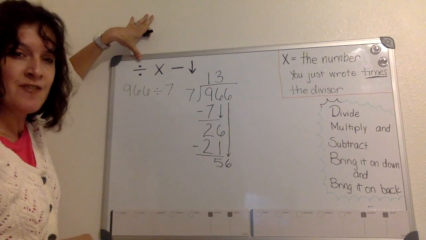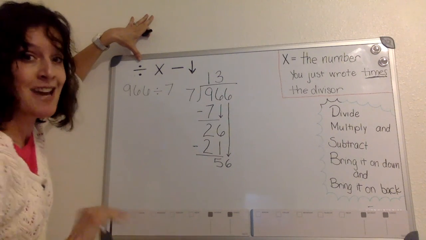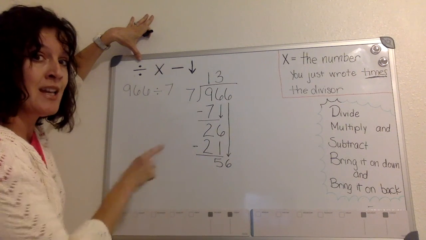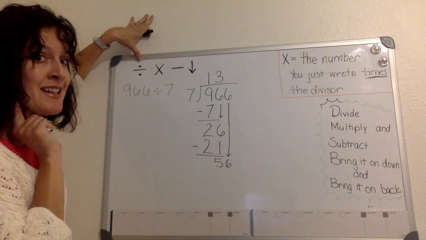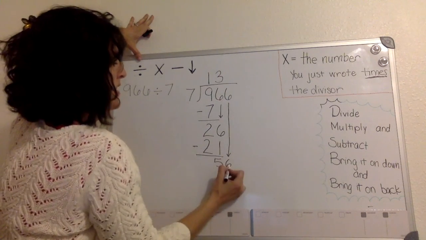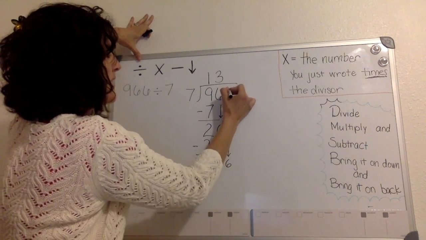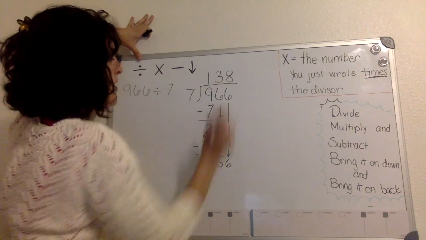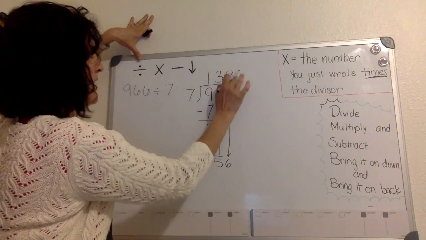How many 7s fit into 56? This time we won't have a remainder. 7 times what is 56? Think. 8. 7 times 8 is 56. Since we're dealing with the second 6, we're going to put my 8 right up there. 56 divided by 7 is 8.